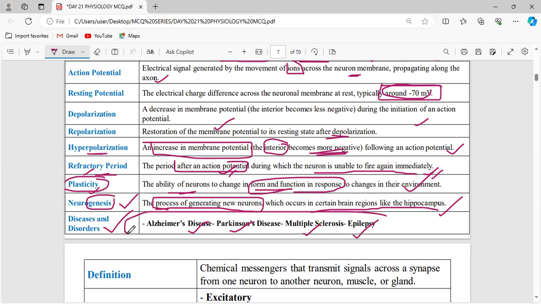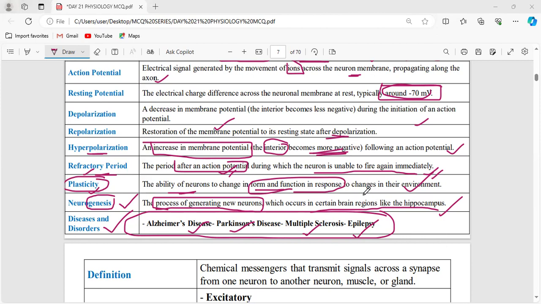Among all these diseases, which disease is an autoimmune disease? Among Alzheimer's disease, Parkinson's disease, multiple sclerosis, and epilepsy, which is considered to be an autoimmune disease?